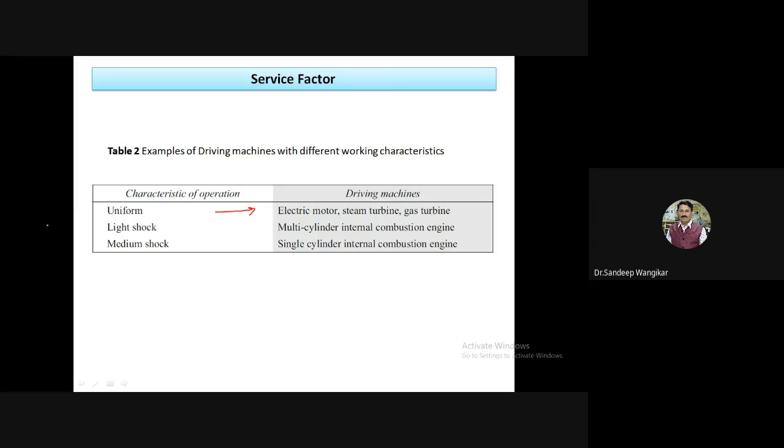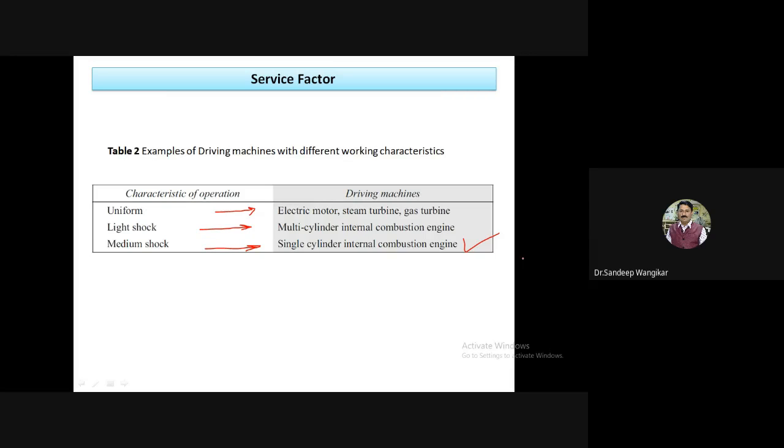So it is uniform. When I am saying light shock, at driving, it is multi-cylinder internal combustion engine. Many cylinders are there. And when I am saying medium shock at driving, in this case single cylinder internal combustion engine is there. So this is the condition.